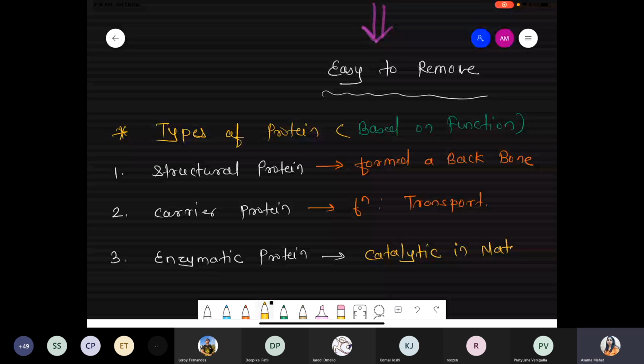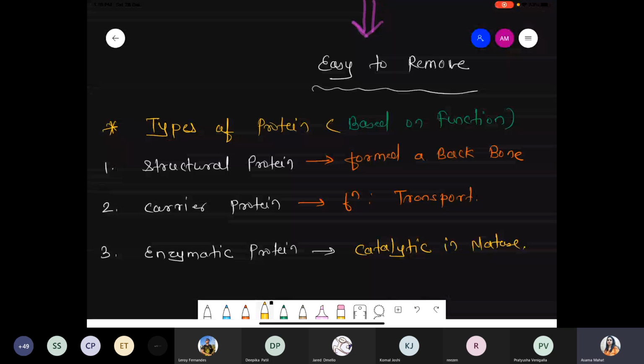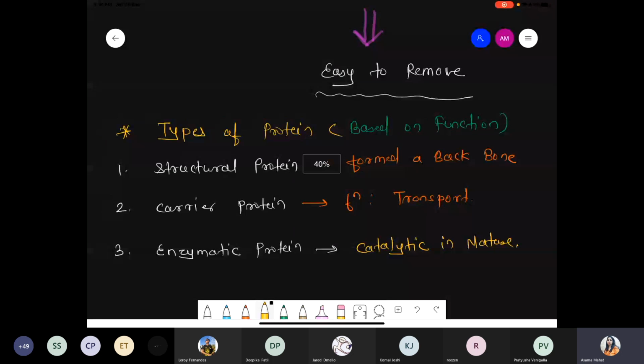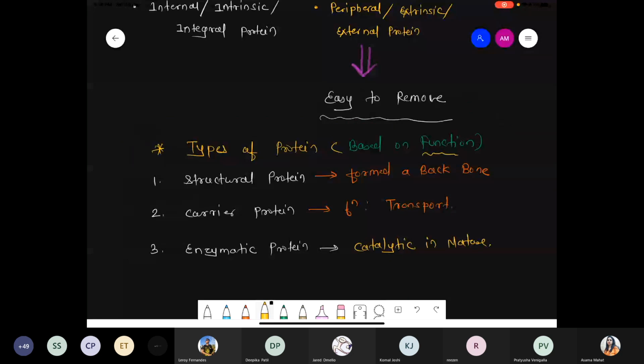Catalytic means they are involved during the reactions. So again, these are the three types of protein based upon their function: structural protein, carrier protein, and enzymatic protein. Done.